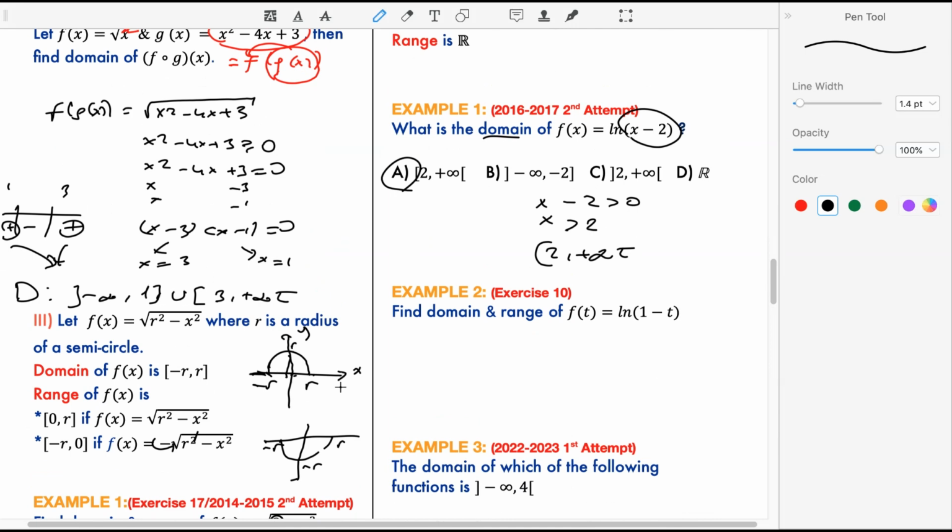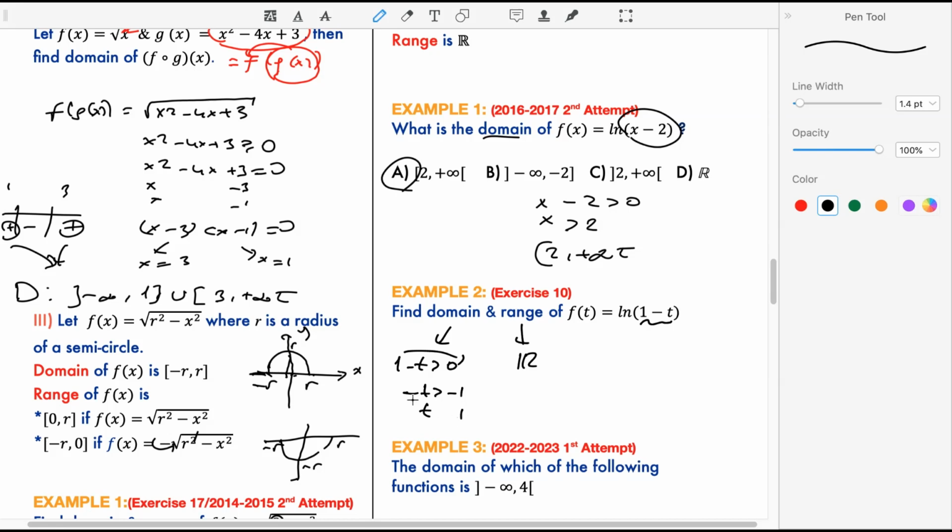Find domain and range. For the range, you can directly say it's all real numbers. For the domain, you set this stuff, 1 minus t, greater than 0. Bring 1 to the other side. Negative t is greater than minus 1. Get rid of this minus by dividing or multiplying both sides by negative 1.